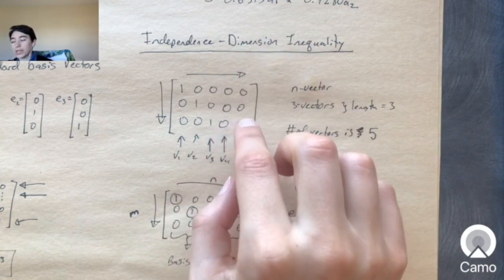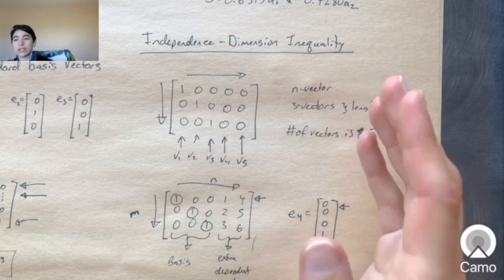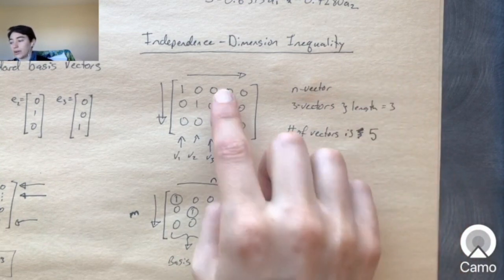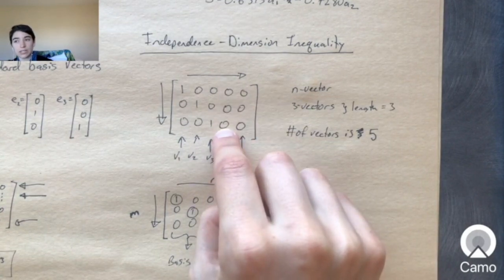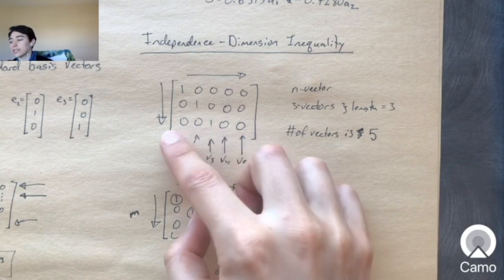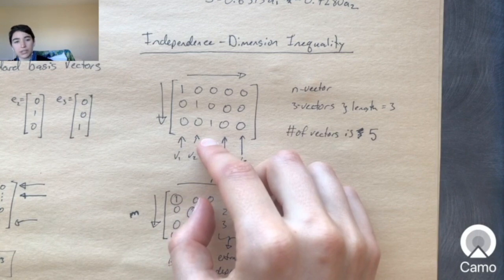And then we know that any additional vectors that have length 3, so they're in this three-dimensional space, must fall within the span of these, because these already perfectly describe everything in 3 dimensions.